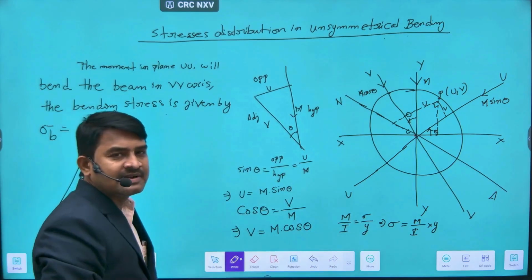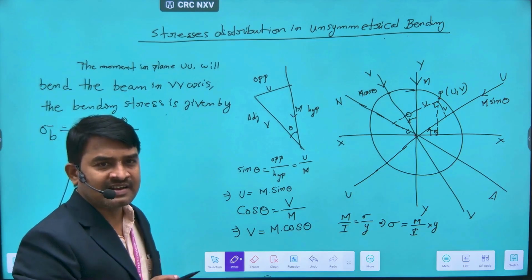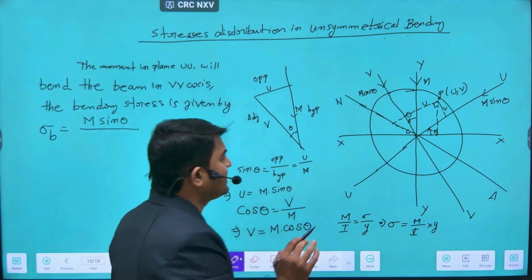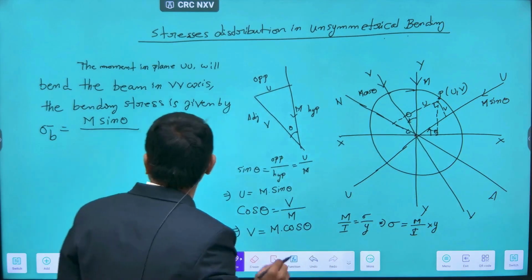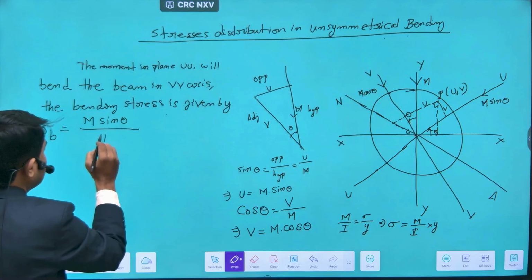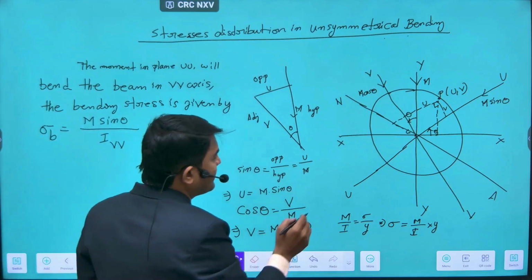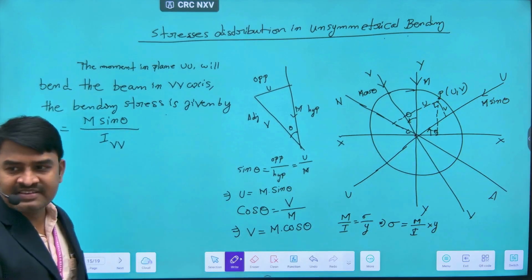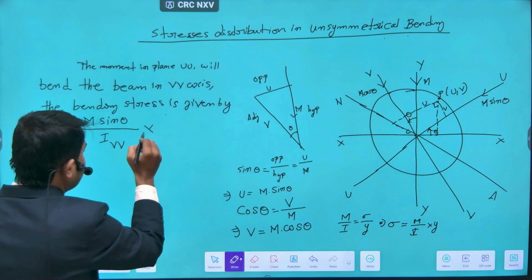I is nothing but the principal moment of inertia, which is always considered with respect to the neutral axis. From here to here the distance is U. The principal moment of inertia we have to consider with respect to the VV axis, because we have to take the distance from here to here. Moment of inertia is always calculated with respect to the reference axis, that is the VV axis.